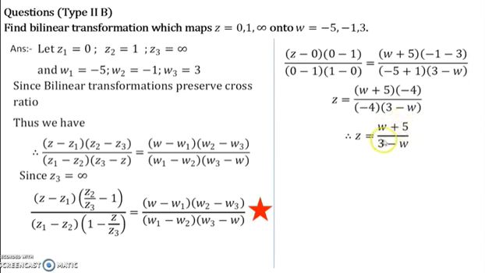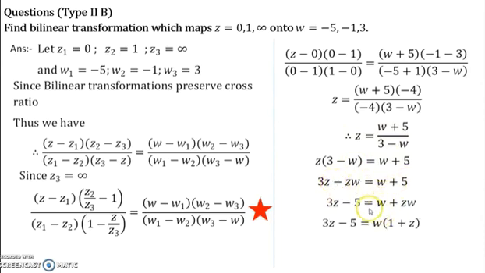But our requirement is to find the transformation like w equal to (az plus b) by (cz plus d). For that we multiply the denominator into the left hand side. We get 3z minus zw equal to w plus 5. After simplification we get w equal to (3z minus 5) by (1 plus z).